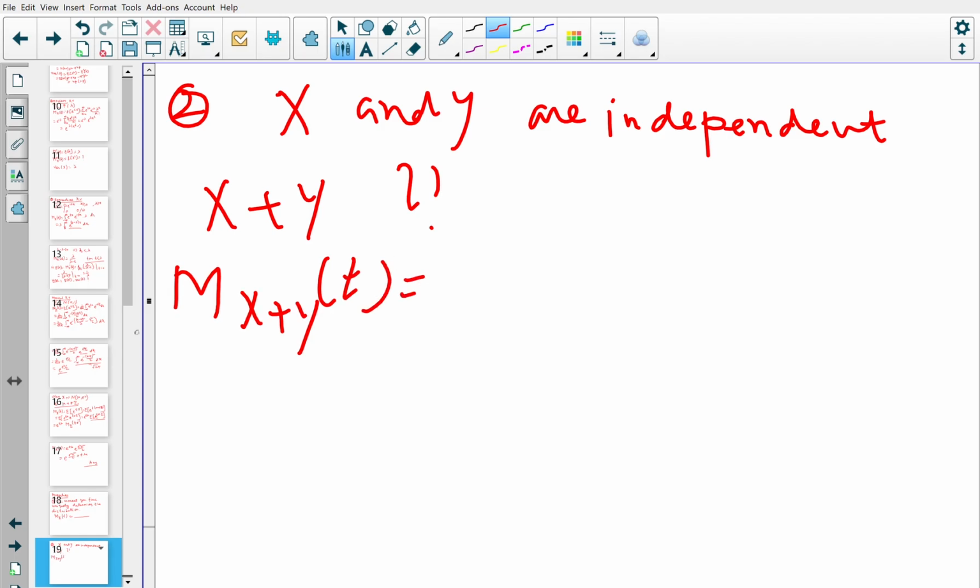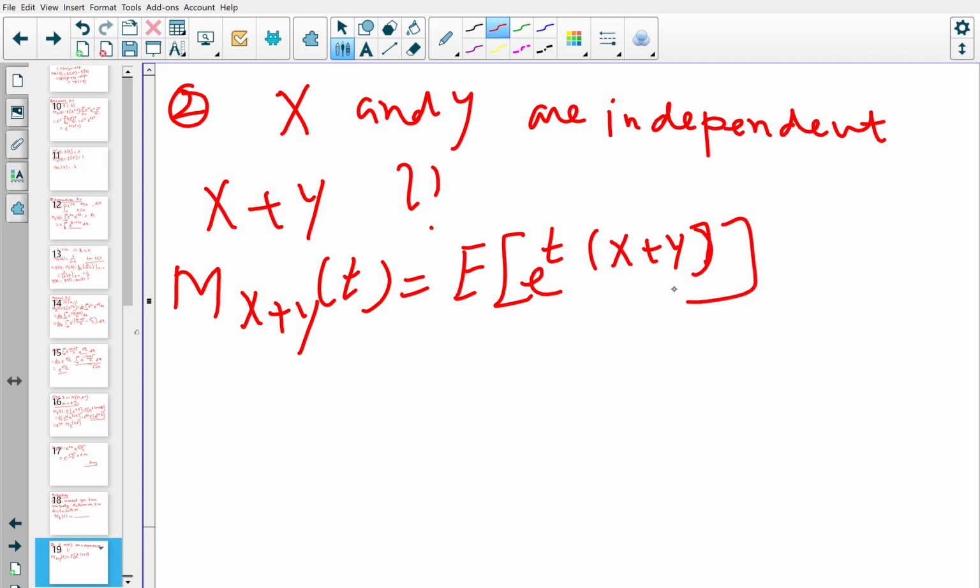You can write it as expectation of e power t times (X plus Y). Okay, and then you can write this as expectation of e power tX into e power tY.